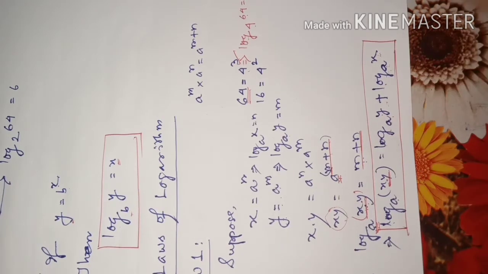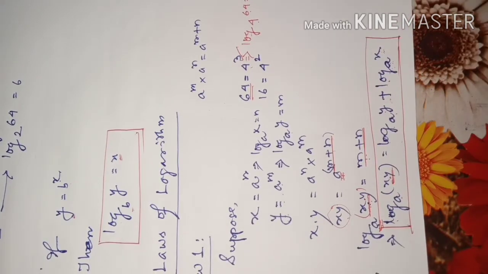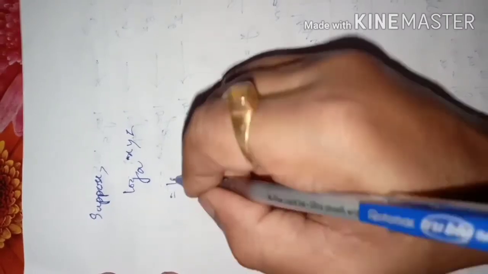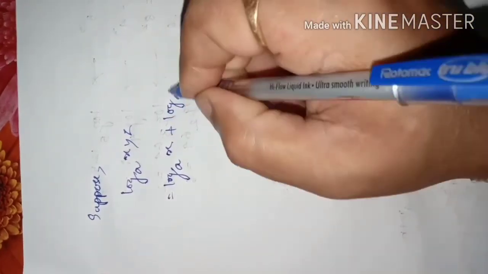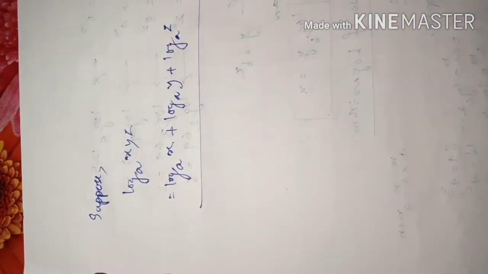This can be extended up to 3 or 4 factors also. What I mean to say, suppose you are writing log to the base a of xyz. It can be written as log to the base a of x plus log to the base a of y plus log to the base a of z. Okay, this is the first law.